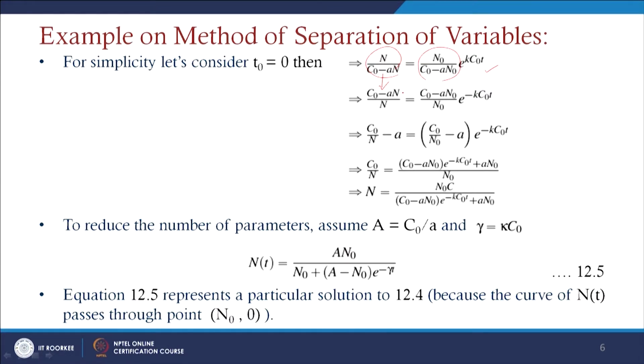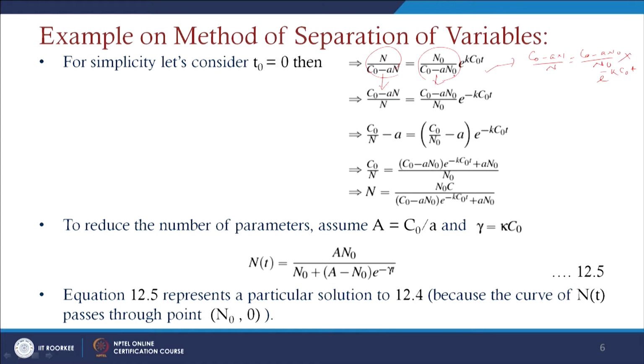Using the reciprocal, (C0 - aN)/N is nothing but (C0 - aN0)/N0, and it goes down. That is why it is written as e^(-kC0 t).